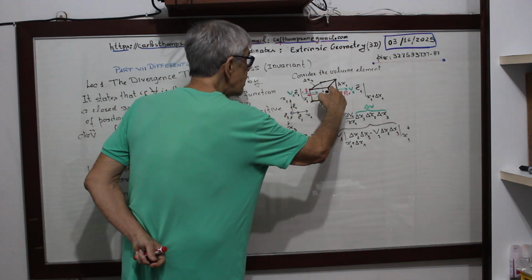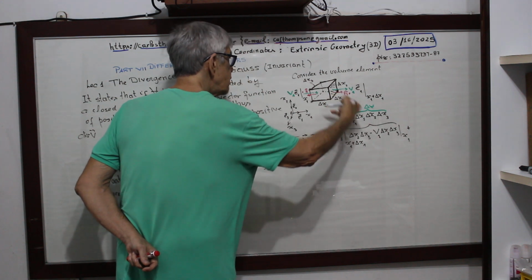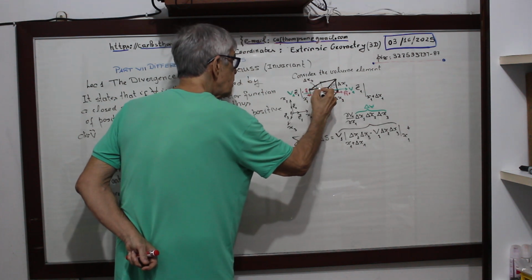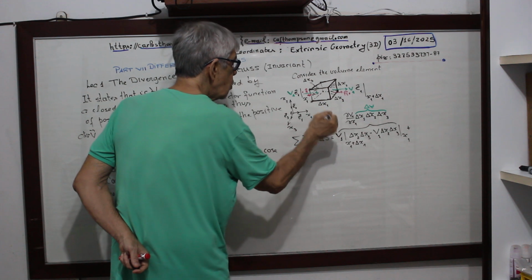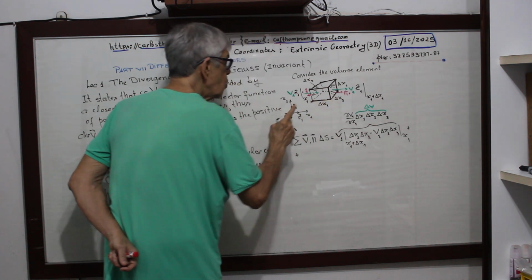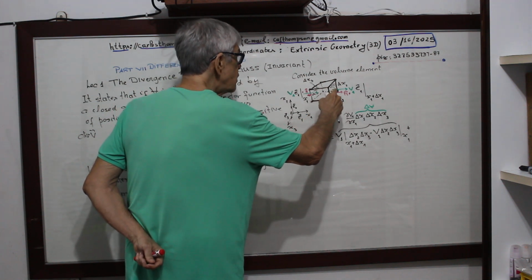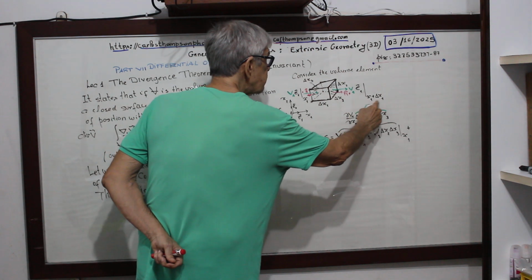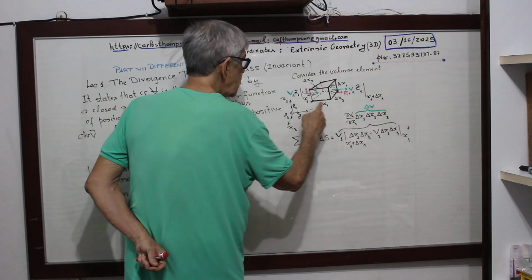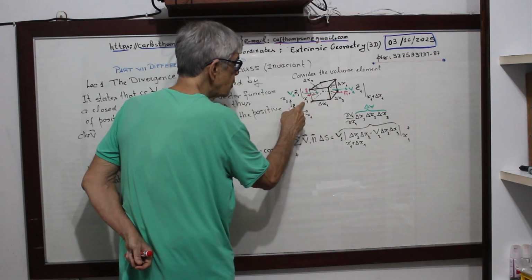Let's consider the first. You see the area over here, and on the back, the area on the back there, in the x1 direction. This rectangle is located at x1 plus delta x1, and the rectangle behind is located at x1.